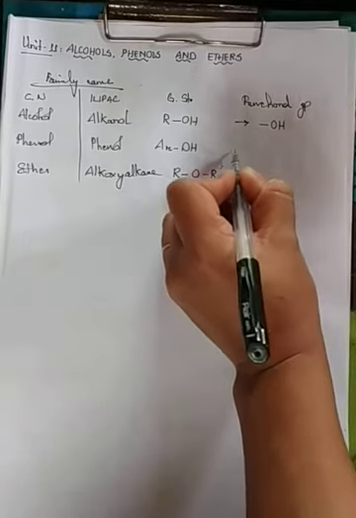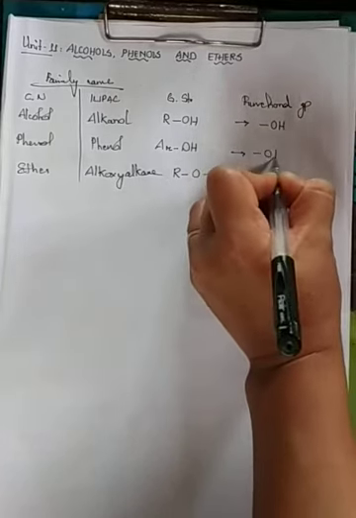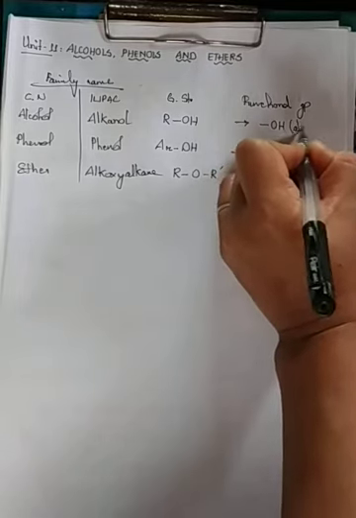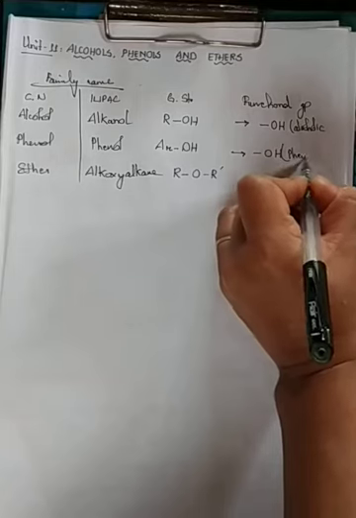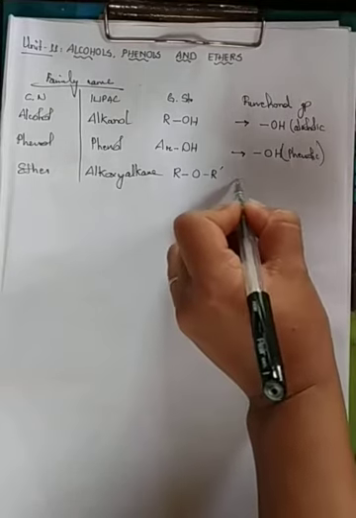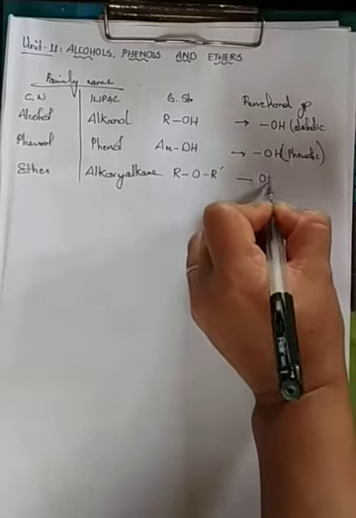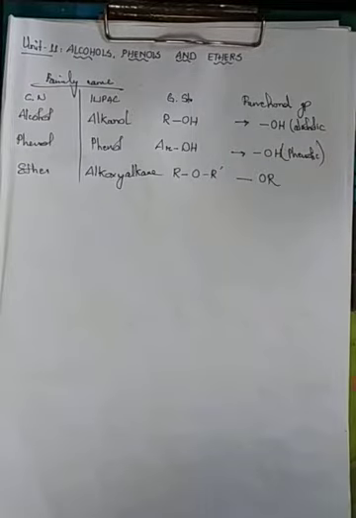This is the alcoholic group. In phenol, the functional group is also OH. This is the phenolic group. And then in ether, the functional group is OR, the alkoxy group.